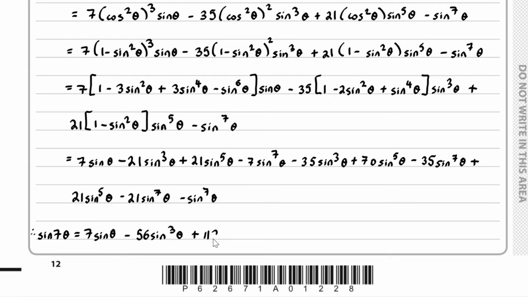So we've got 112 sine θ to the 5, and then we've got minus 7 minus 35 minus 21 minus 1, so that's minus 64 sine θ to the 7. Call this equation 1, and this is the result which we wanted to show, so let's just write this down as required.